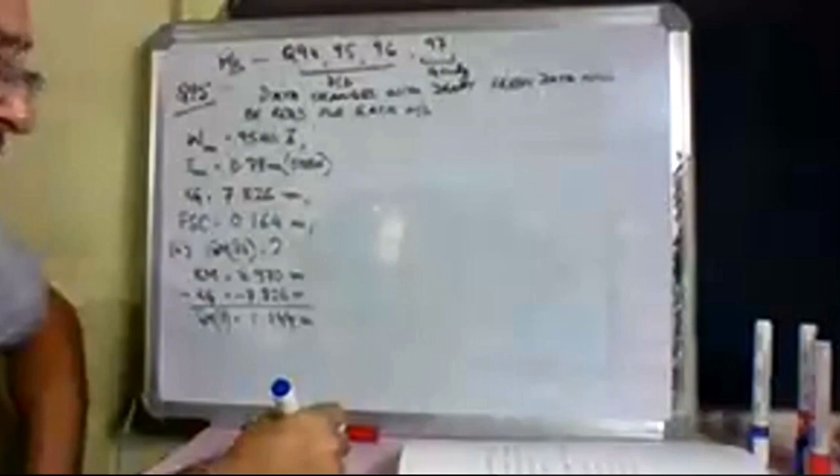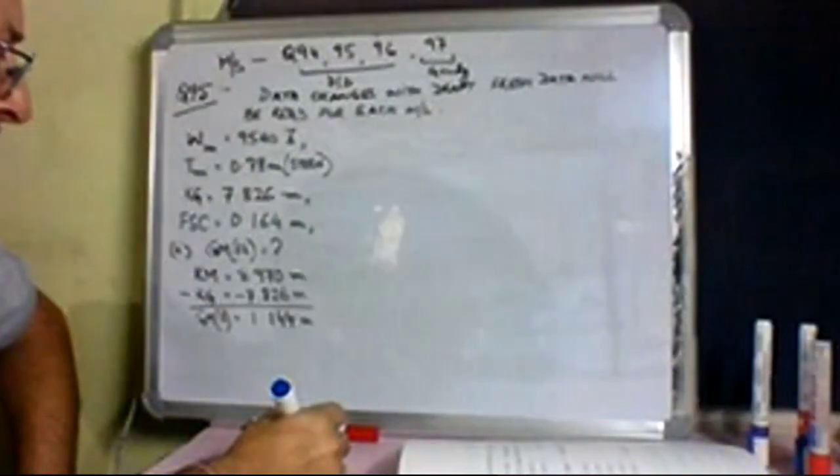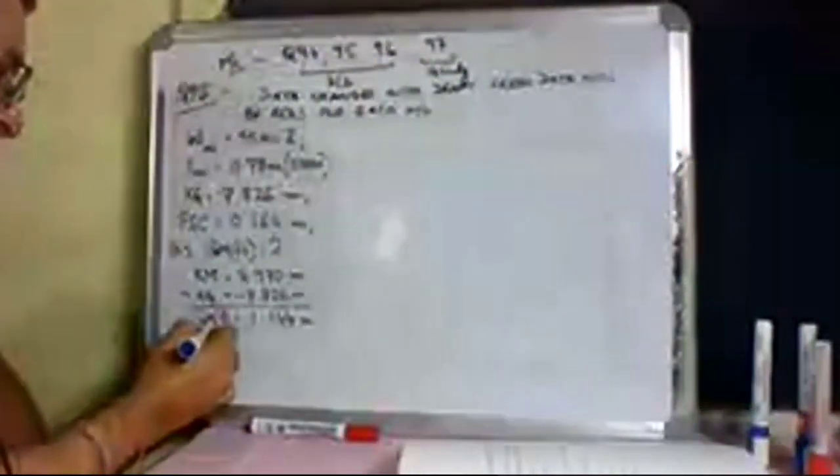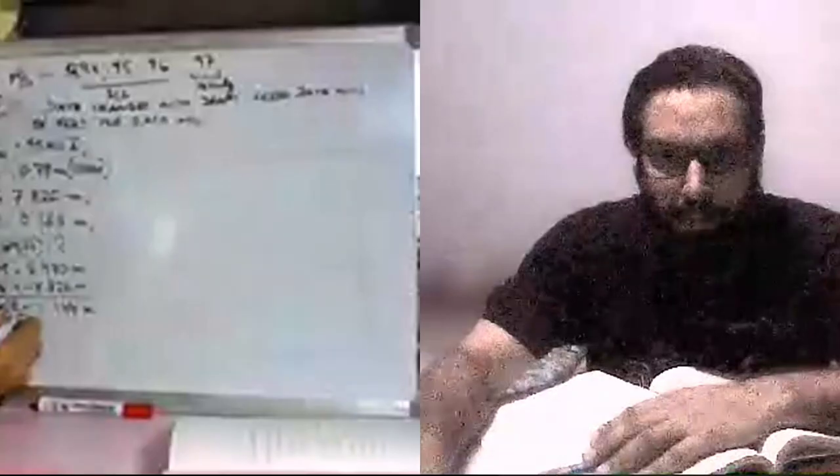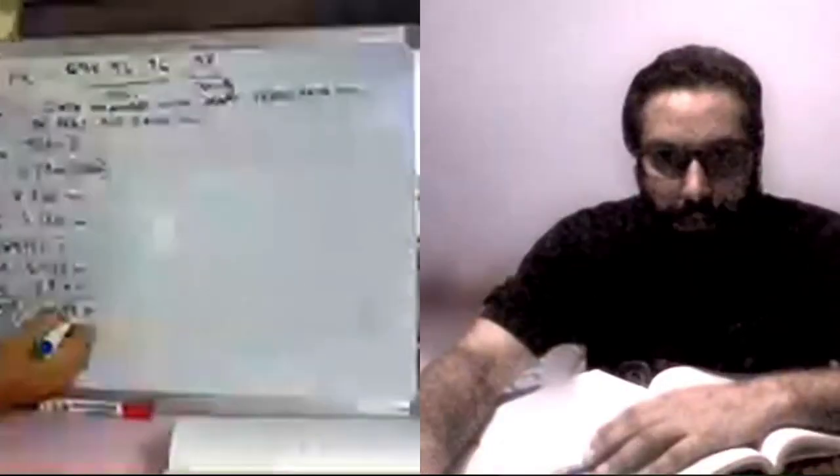So the GM solid comes as equal to 1.144. अब FSC माइनस कर दो. It will give you GM fluid.